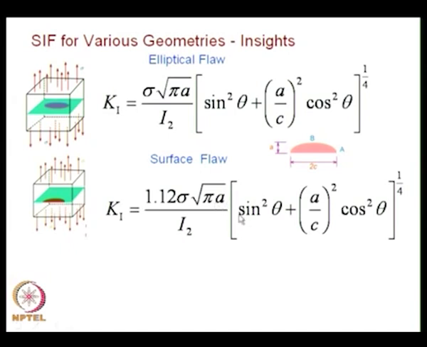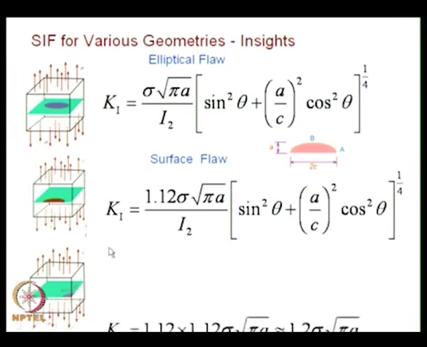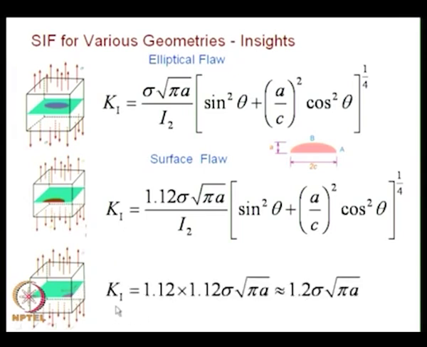Then we also looked at the empirical relation of Newman and Raju, but basically you have to recognize, compared to an embedded elliptical flaw, a surface flaw is a little more dangerous. And then we moved on to a corner crack, and for the corner crack we recognize you have a free surface on this side as well as another free surface, and we realize that K1 is much higher for this, and you have this simplified to 1.2 times sigma root pi a.